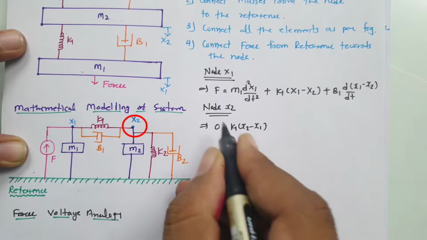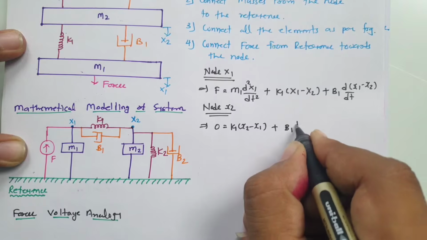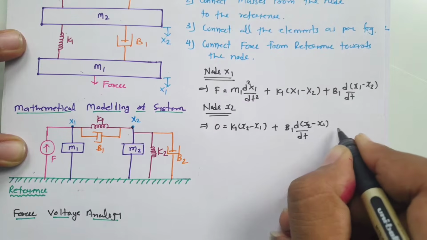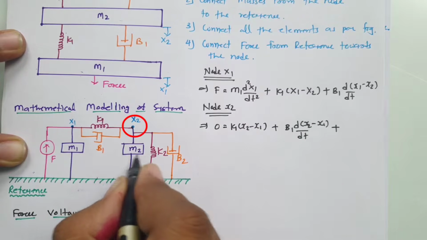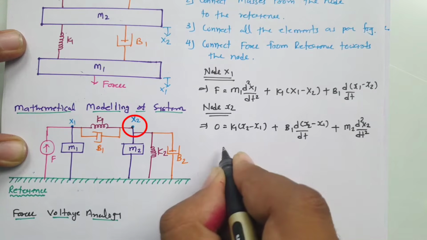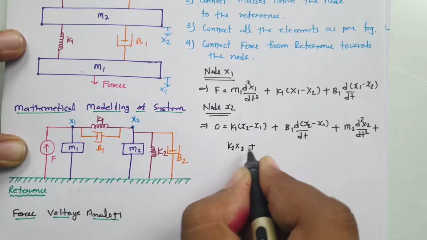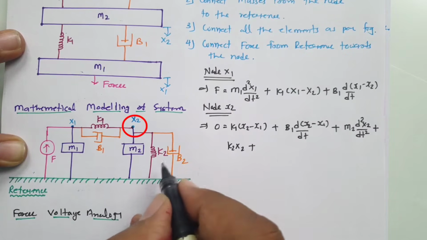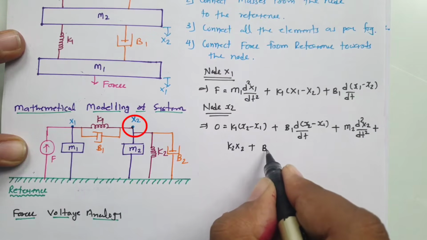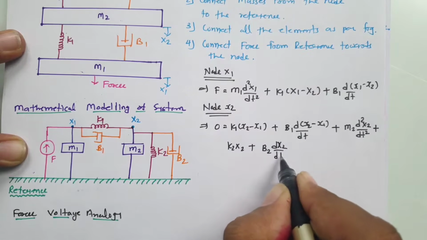That I need to write as this equation is for node x2, plus B1 into d(x2 minus x1) by dt, plus force in M2, that is M2 into d square x2 by dt square, plus force in K2, that is K2 x2, plus force distributed in B2, that is B2 into dx2 by dt.